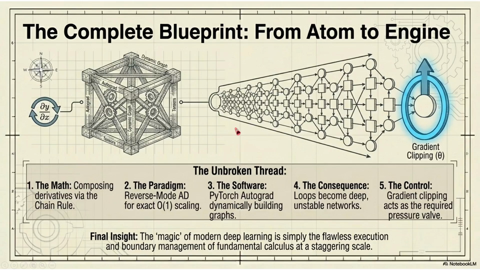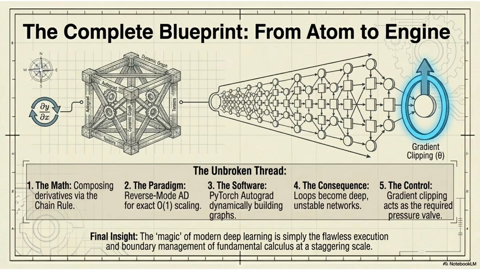So, let's recap. We started with the math, composing derivatives with the chain rule. This enables our paradigm, reverse-mode AD, for exact gradients. This is implemented in software using, for example, PyTorch Autograd to dynamically build graphs.